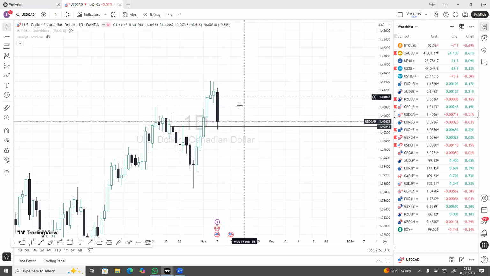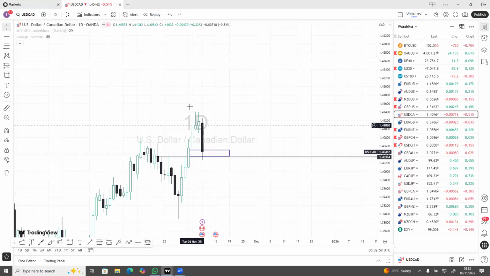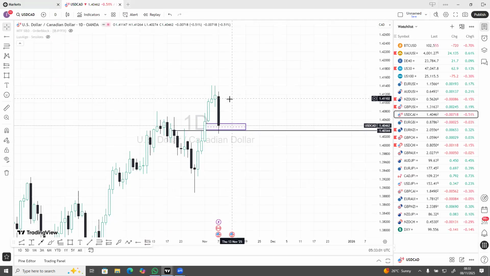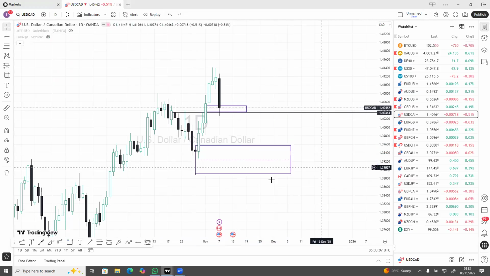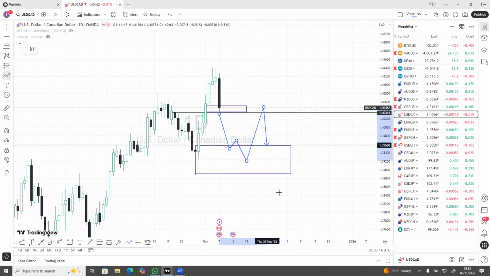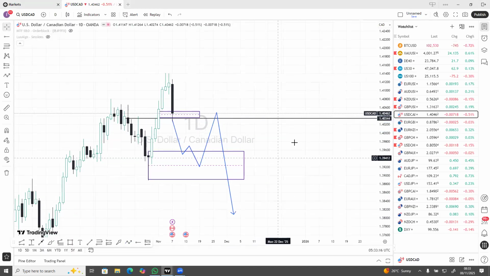After that impulsive move, you can see that is a corrective move, but it is an aggressive corrective move. So expect it may drop to that demand, and then we may experience a reaction, pull back, and then boom, it may fall down. That is USD/CAD.